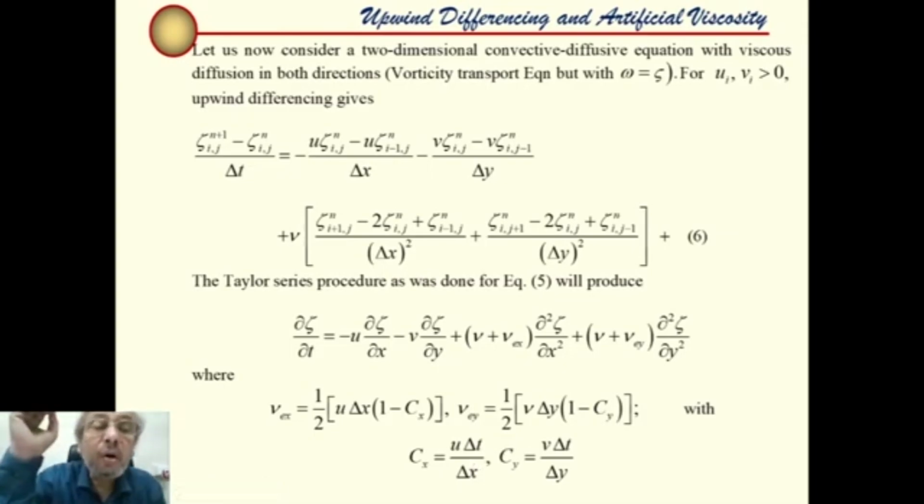So we can say that for the two-dimensional equation, if we reconstruct the equation after having discretized through the FTCS method, we will see generation of artificial viscosity in both directions, and those artificial viscosities are functions of the respective Courant numbers in x and y direction.